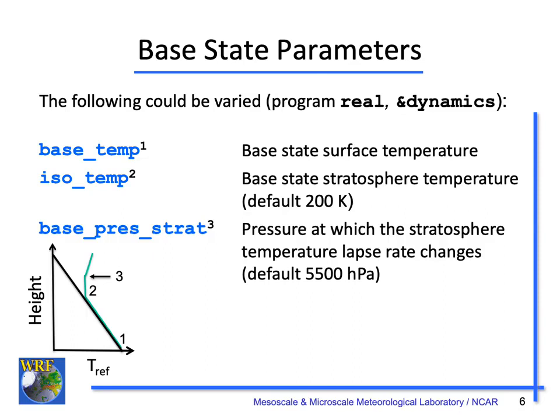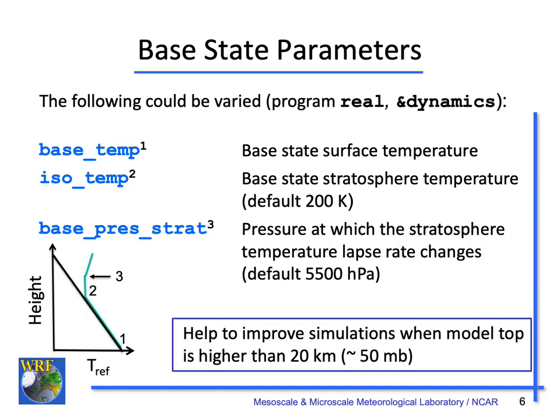If you would like to use even higher model top, you can improve the base state by assuming the reference temperature will increase slightly in that layer. These three parameters alter the reference state from the straight line to the green profile in the sketch, which will generally reduce the perturbation fields when solving the model equations.